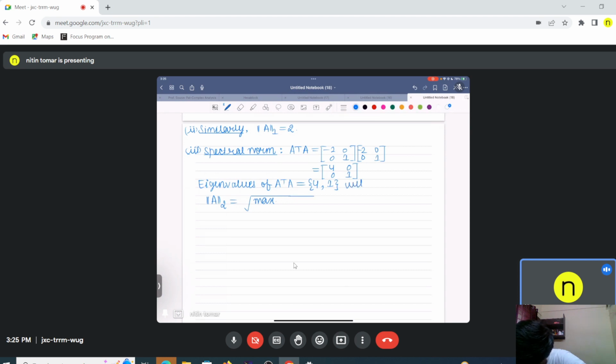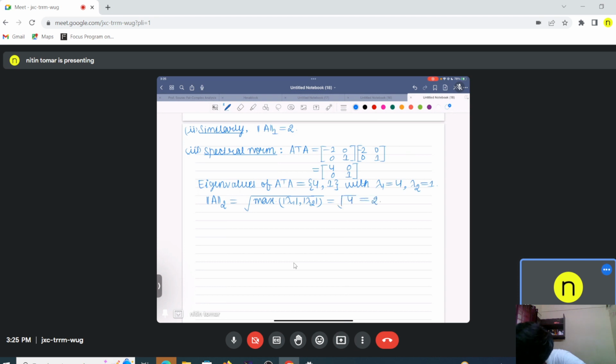Okay, let us write lambda 1 to be 4 and lambda 2 will be 1. So we need the maximum of mod lambda 1, mod lambda 2, which is precisely root 4, right?